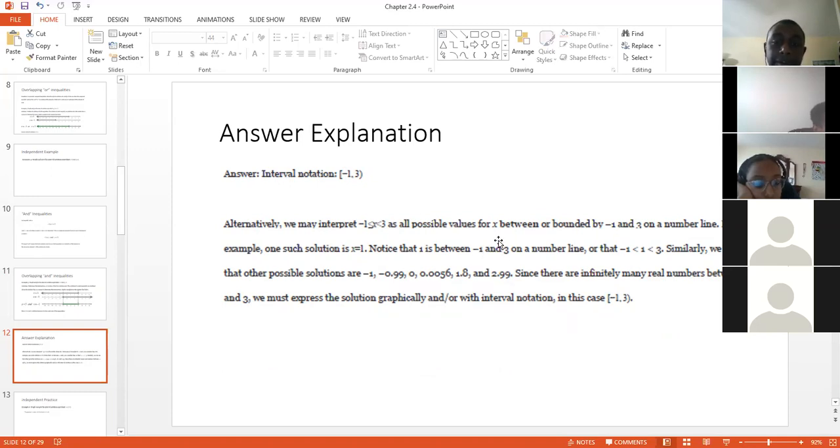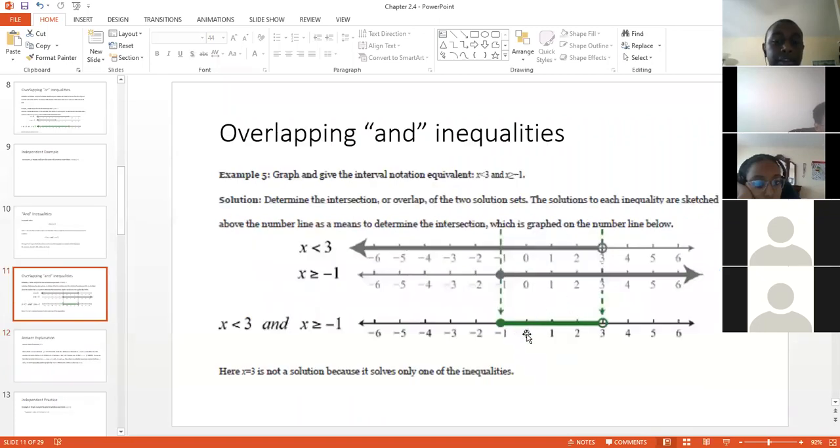-1 and 3, all the numbers are between it. -1, -0.999, 0, 0.056. So even between this small area, we have an infinite number of solutions, just between -1 and 3. So we can have -1, 0.9999, 0.9999999, 1.000001.